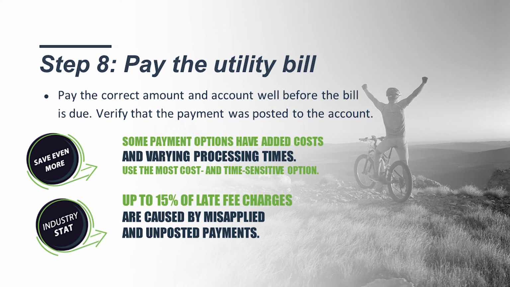So your payment may end up on a single account even though you had intended to pay 20 accounts, as an example. If you end up with a misapplied payment, that requires another phone call to the provider in order to remedy that situation and ensure that payments are posted to the intended bills.